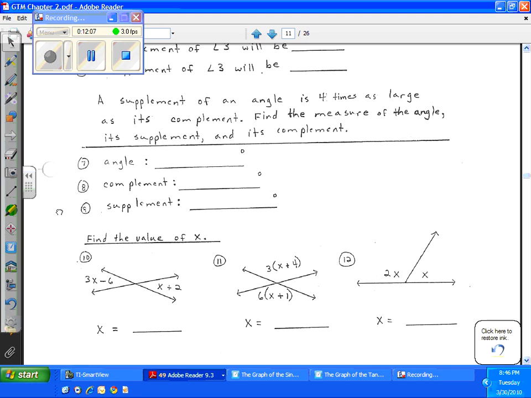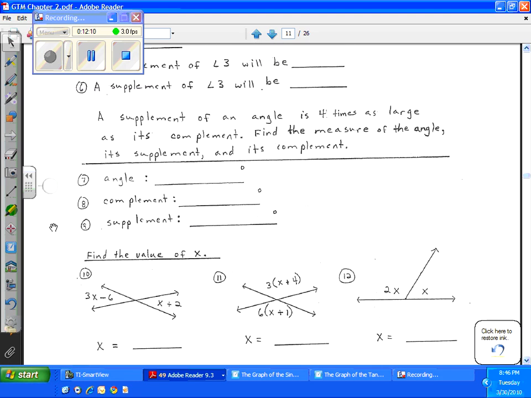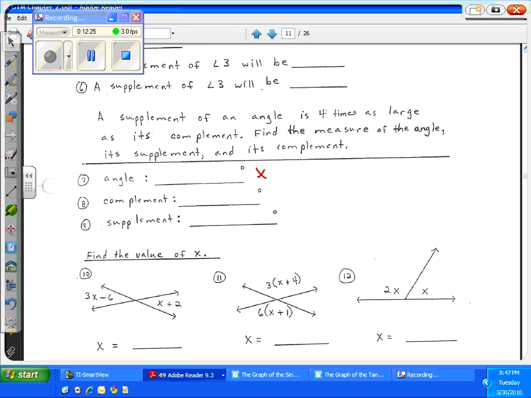Now, when we get into this next little problem, we're getting into some algebraic application. It says the supplement of an angle is 4 times as large as its complement. Find the measure of the angle, its supplement, and its complement. Now, if we let the angle be called x degrees, then to find its complement, we would take 90 minus that angle x.